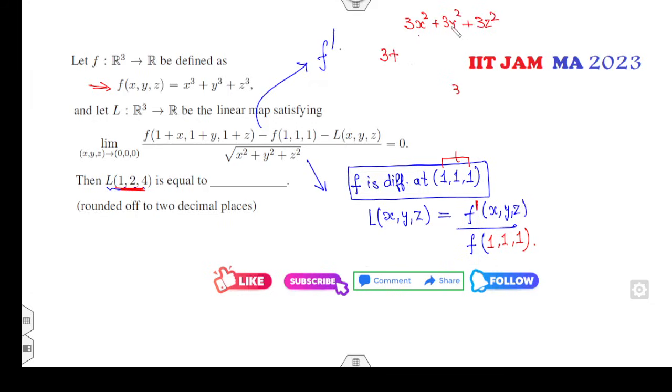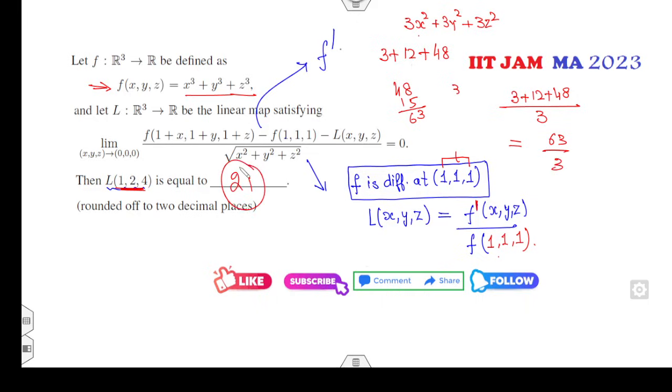So that will be 3, 12, 48. So that will be 3 plus 12 plus 48 divided by f of 1, 1, 1, which will be 3. So that will be 63 divided by 3. The answer is 21, the correct answer of the problem.